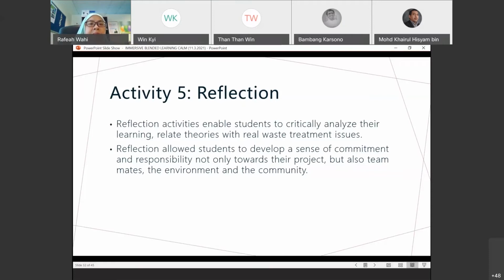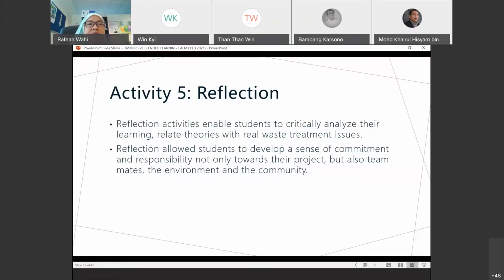The basic of reflection that we did in this course is we ask students specific questions so that they can answer the things that we want to know about their learning. We want to investigate their learning. And then we ask questions on how they relate their community engagement, their SULAM project, to the theories that they learned in the early weeks of the semester.